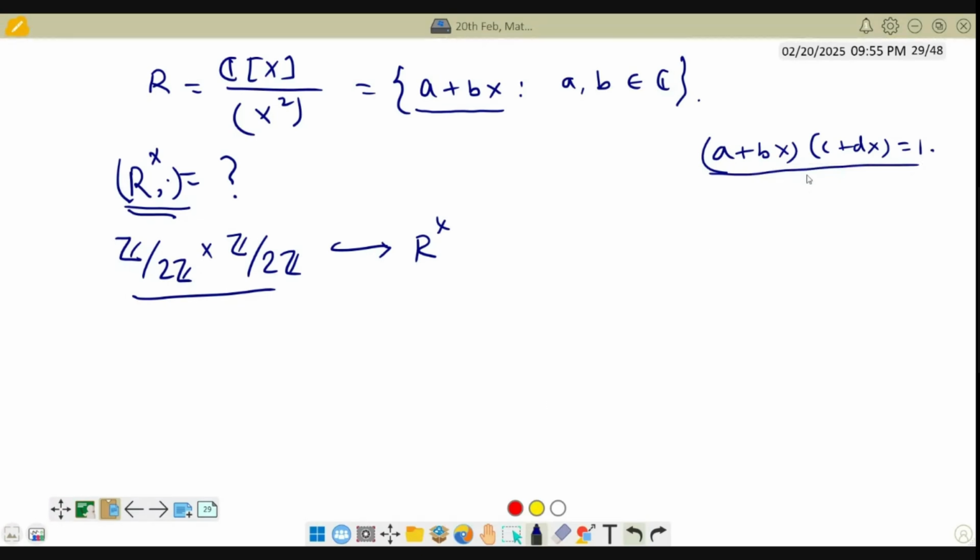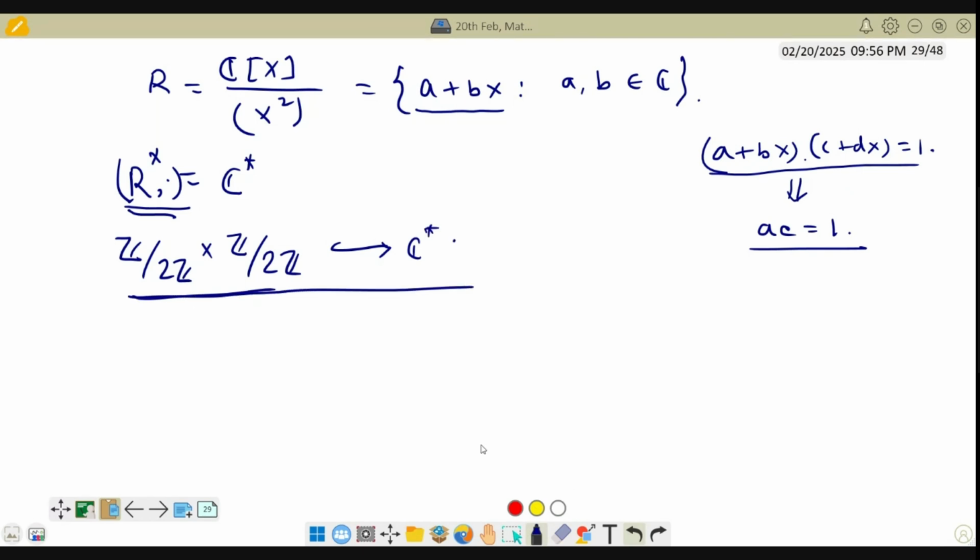If you just multiply and compare the coefficients, you have ac is 1 and all those other things are 0. So the unit group of this ring is nothing but C star, all non-zero numbers. So just consider this to be C star. Now this is easy. You can do that problem.